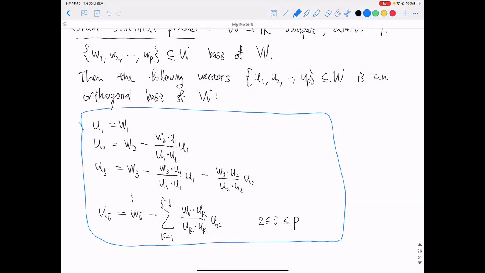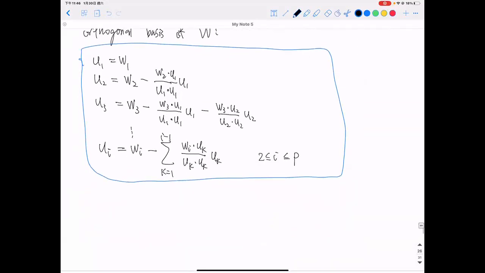The proof is not very hard, because once you know the answer, proving this just requires that you check the dot products are 0. But let's spend some time thinking about how to construct this.